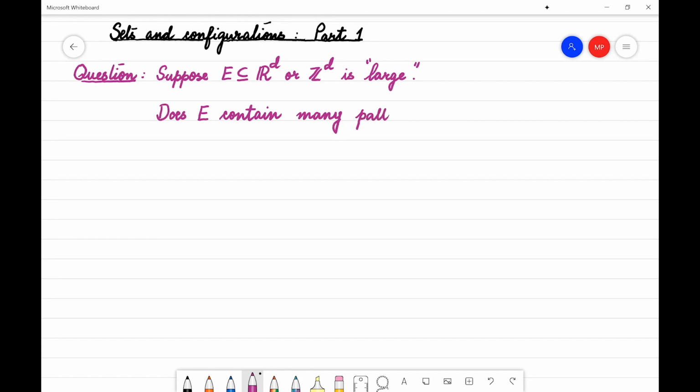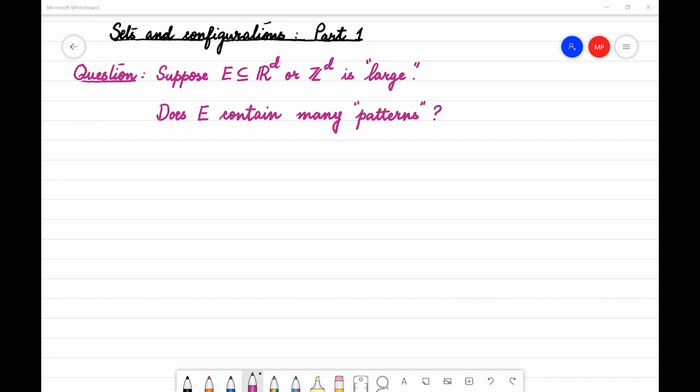And I understand that from a mathematical perspective, this is an awful question to ask. I haven't described what large is, and I haven't described what patterns mean. So all of that to be unpacked slowly. However, just on the face of it, just even as an English question, one would say, yes, of course.